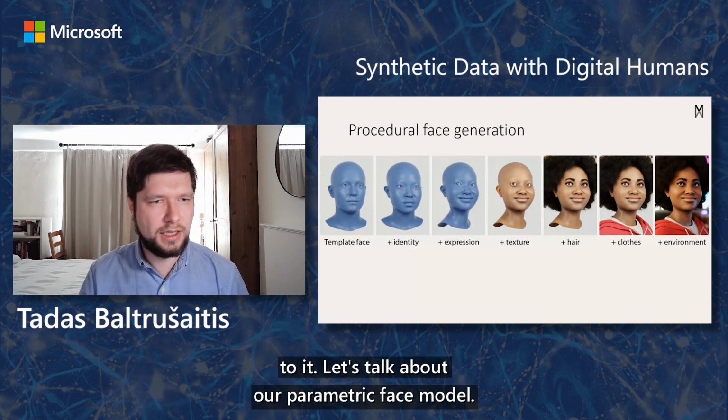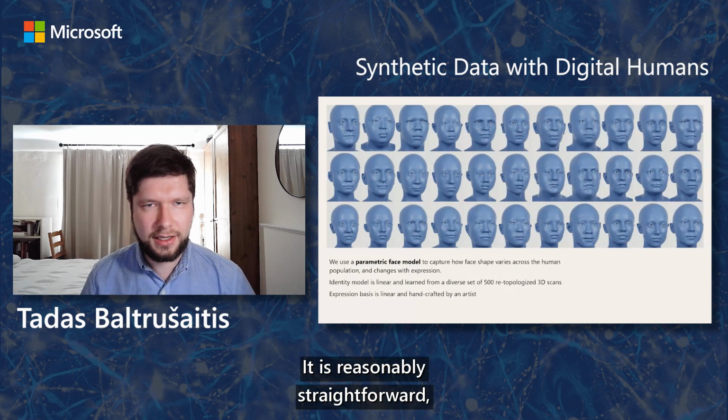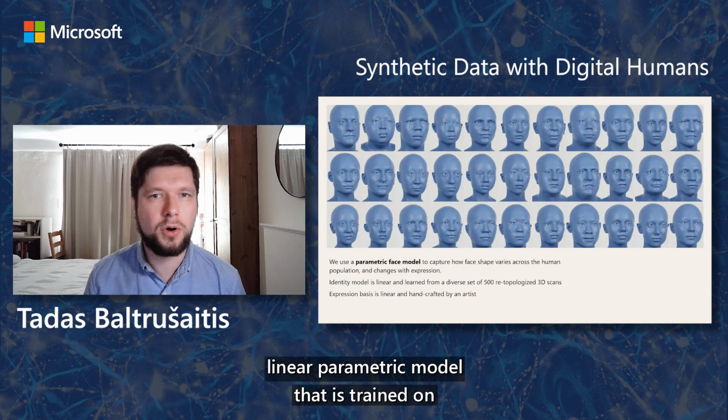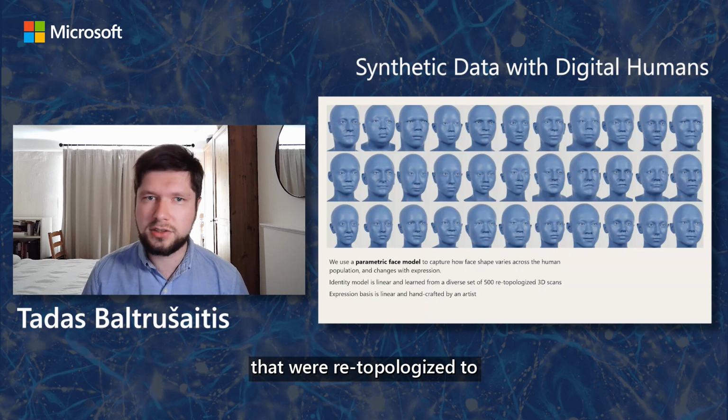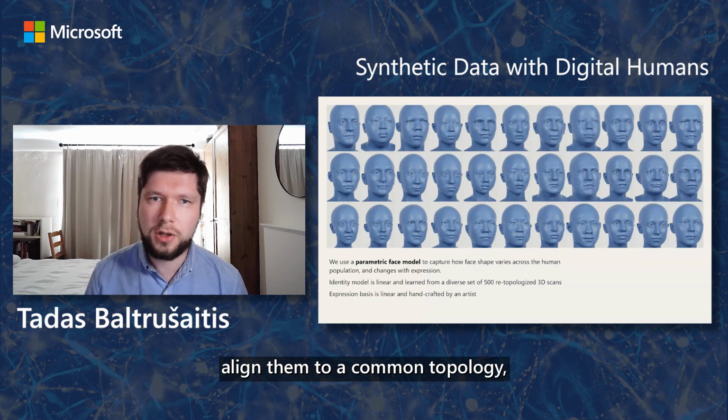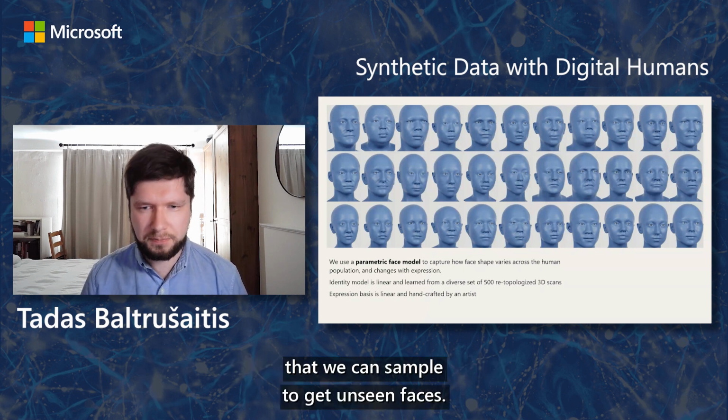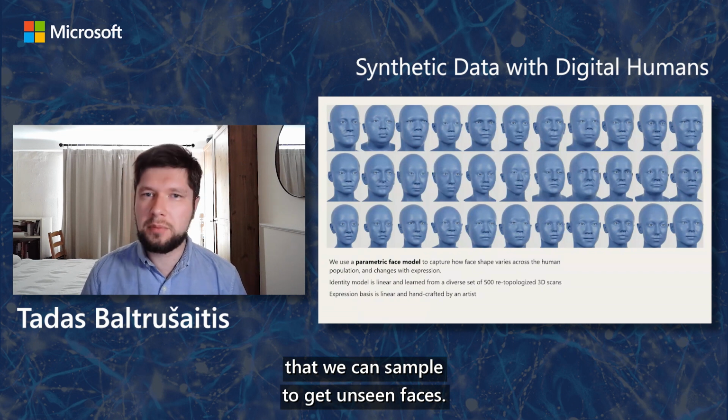So let's talk about our parametric face model. It is a reasonably straightforward, linear parametric model that is trained on about 500 diverse scans of people that were retopologized to align them to a common topology, and that we can sample to get unseen faces.